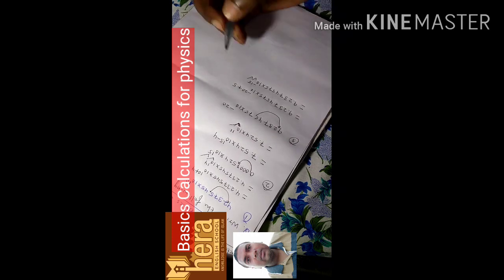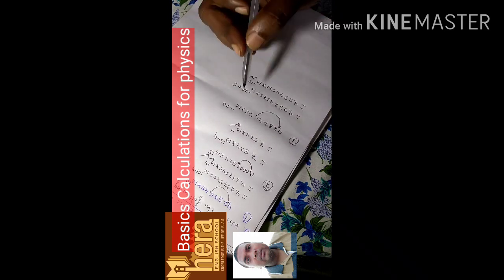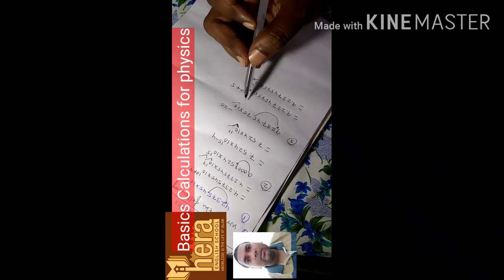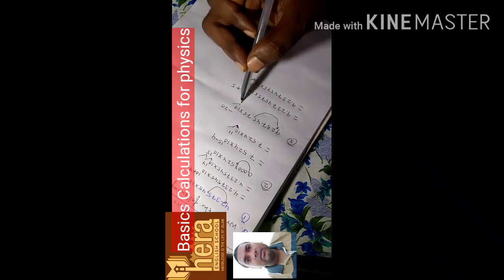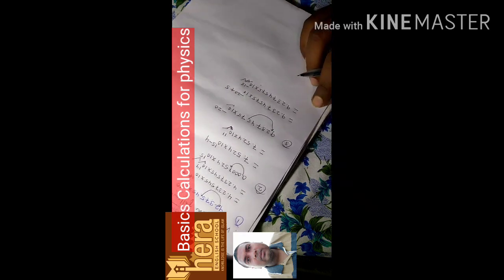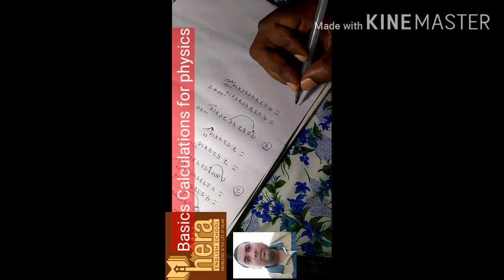Now this number is in scientific notation. Actually, this and this are both the same, but this number is not in scientific notation and this number is in scientific notation. Okay, one more example.